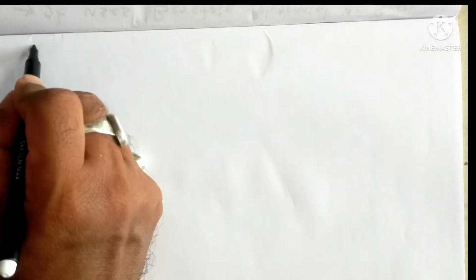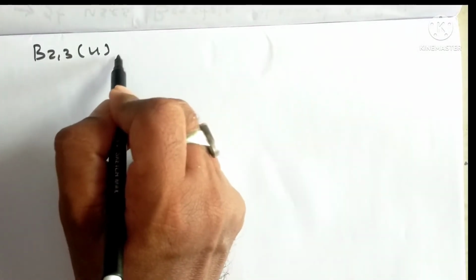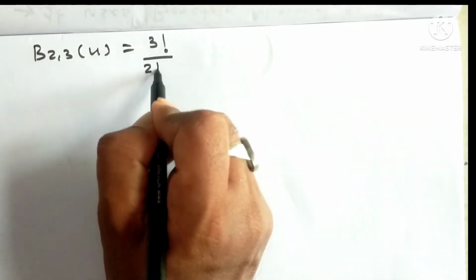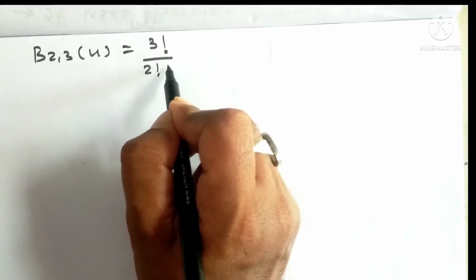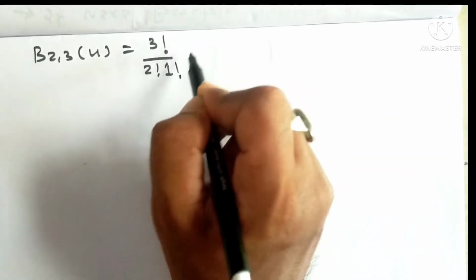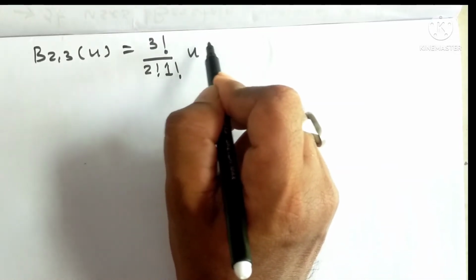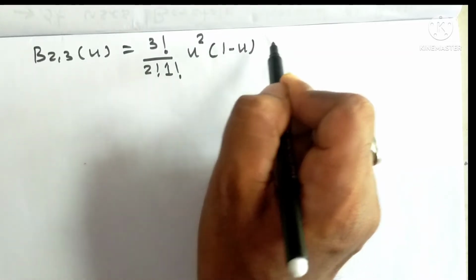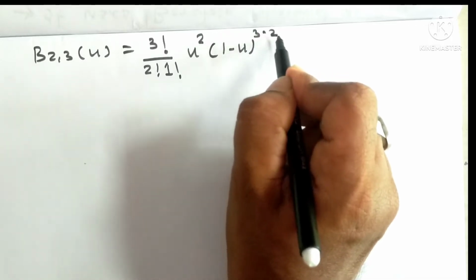Similarly, we can find the value of B23 of u, that is 3 factorial divided by 2 factorial into 3 minus 2, which is 1 factorial, multiplied with u to the power i, which is 2, multiplied by 1 minus u to the power n minus i, so 3 minus 2.